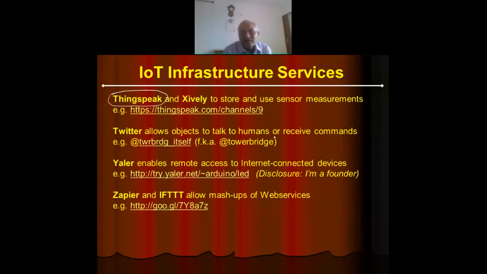Yaler enables remote access to internet-connected devices, and Zapier and IFTTT allow the mashup of web services. These are the different IoT infrastructure services. For a commercial application it is paid, but for a student it's free of cost.